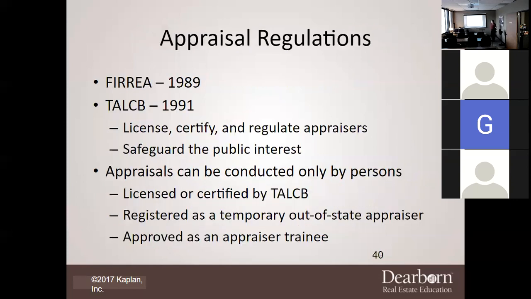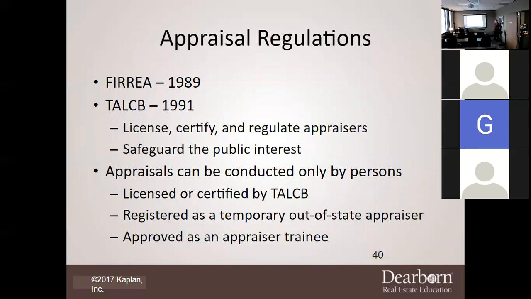Again, there are federal regulations and state regulations. There were the FIRREA regulations of 1989, which started the establishment of how we handle appraisals. Then there was the Texas Appraiser Licensing and Certification Board for appraisals within the state of Texas. That was in 1991.